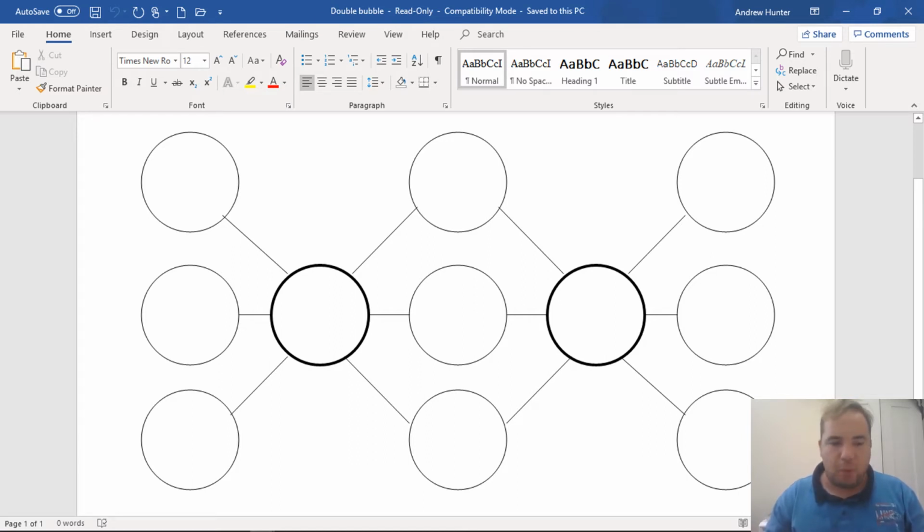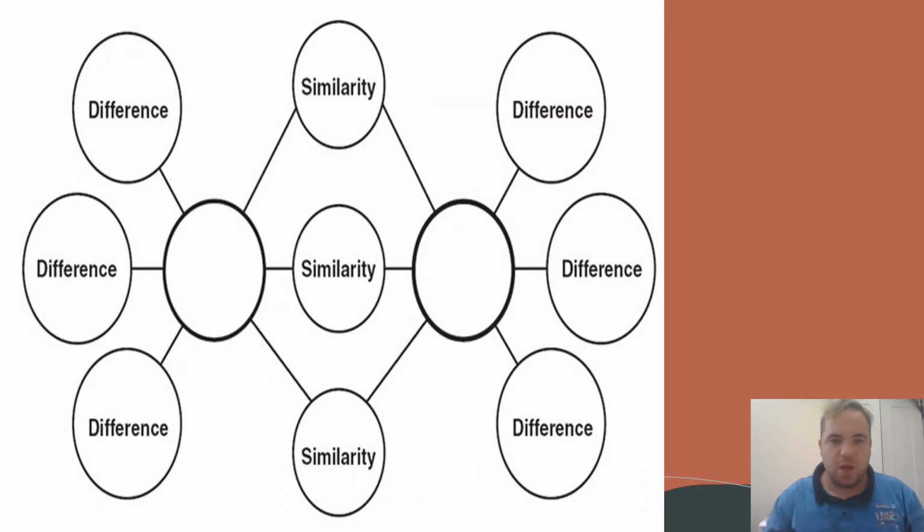The way this works is you have your two events, and you look at the differences and the similarities. On the bubbles on the left you've got differences, and you'd write some stuff down about those events. Likewise with the second event on the right.